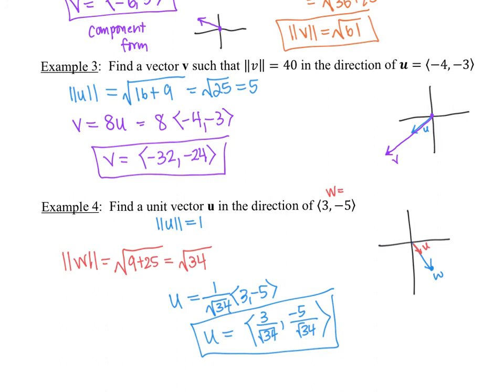Okay, this is my unit vector. If it would simplify, I would simplify it by rationalizing by the square root of 34. Is it going to help me? Okay, so my u is 3 over root 34 comma negative 5 over root 34, so it's going the same direction, but in order to shrink its size, I had to divide by the square root of 34.